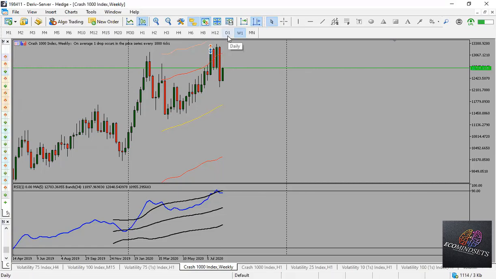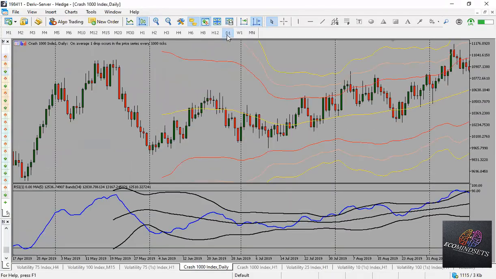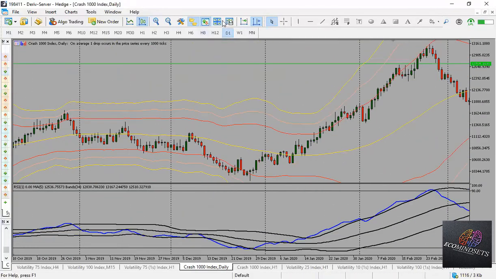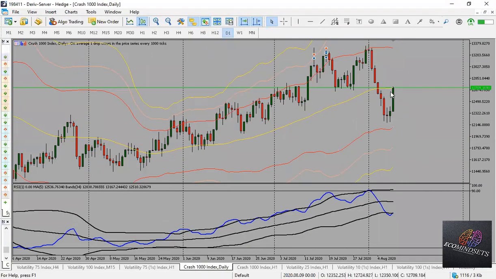After getting this information, I go to D1. What is D1 telling me? We can see that since yesterday, D1 has been buying, so D1 is also in an uptrend. This has now given me enough information to go and look for entries on H1 or 15 minutes.